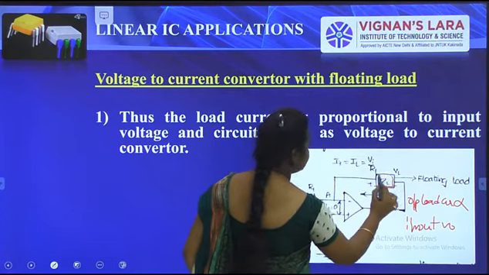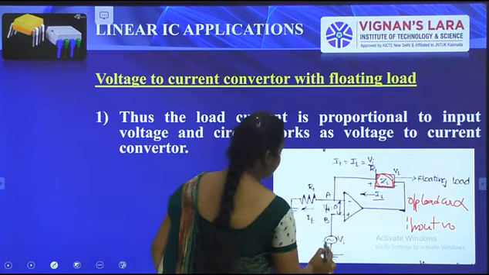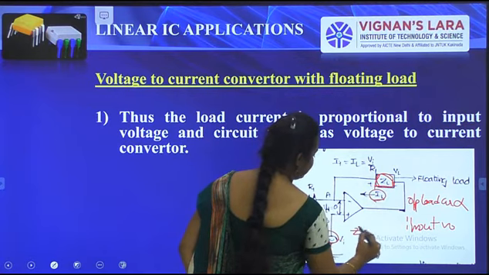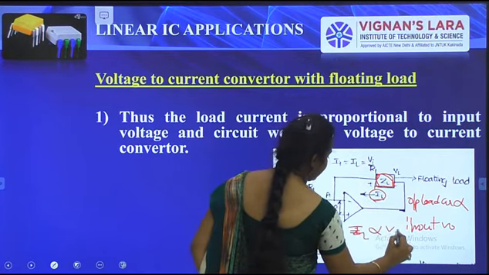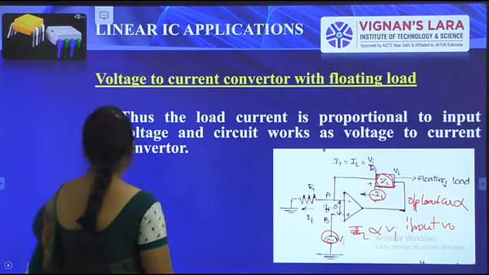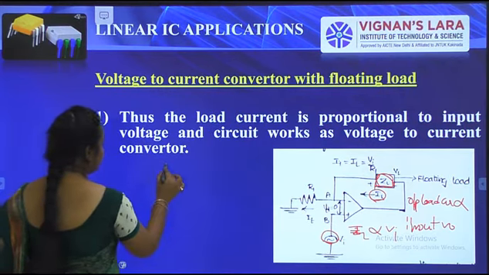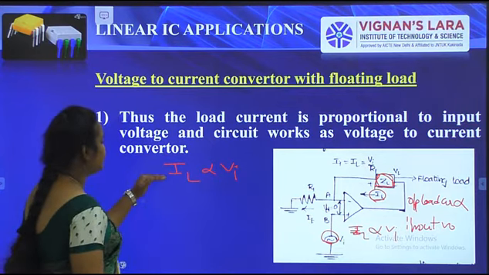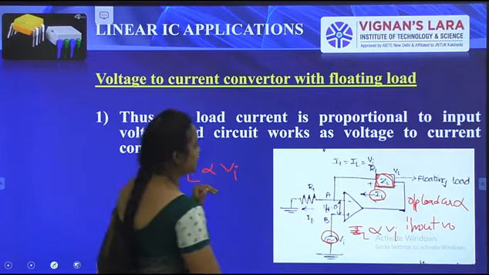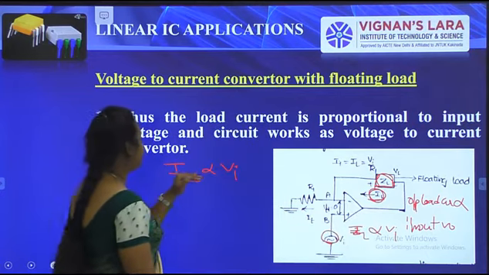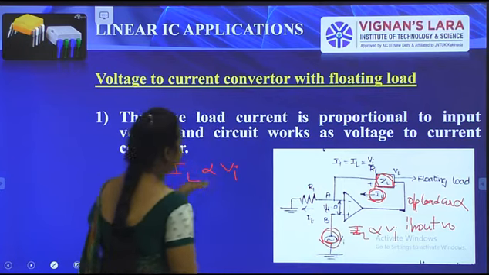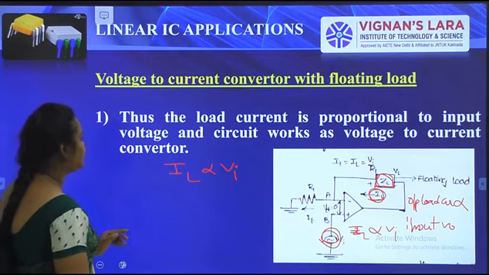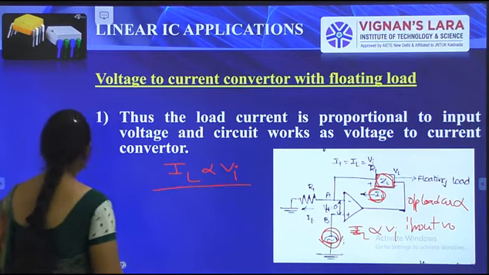ZL is the output load and the input voltage is VI. So ZL carries IL, and IL is proportional to VI. Finally we derive the equation: the load current IL is proportional to the input voltage. So for the voltage to current converter with floating load, the equation is IL proportional to VI.